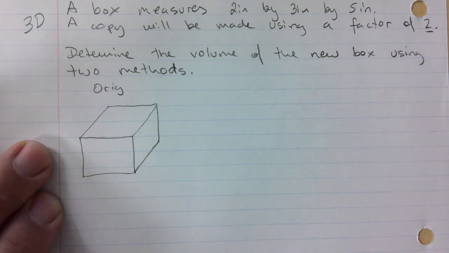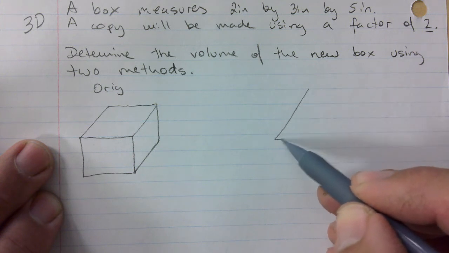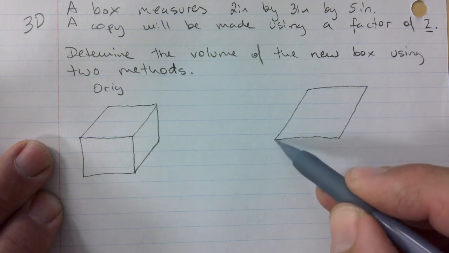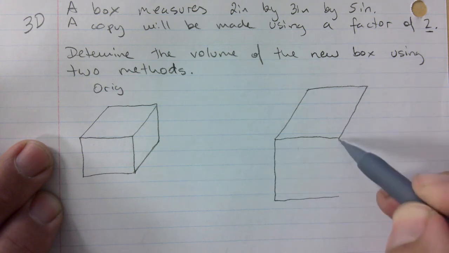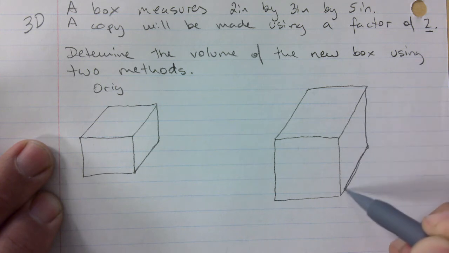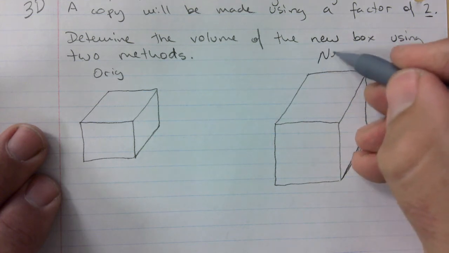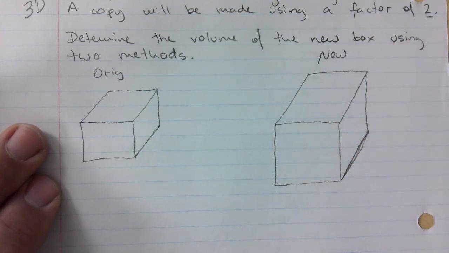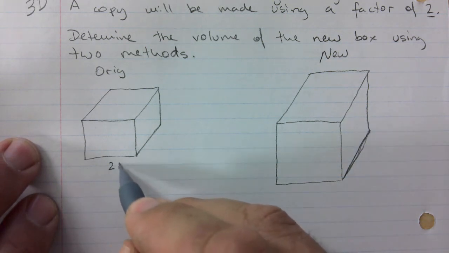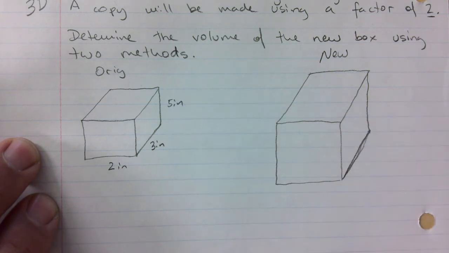Scale factor is 2, so it's bigger. So let's make it one that looks bigger than the original. This is the new, or the copy, right? So we have a 2-inch by 3-inch by 5-inch box to start with.